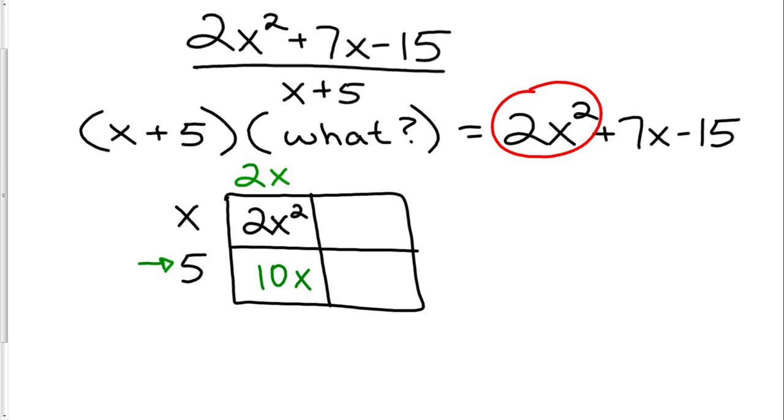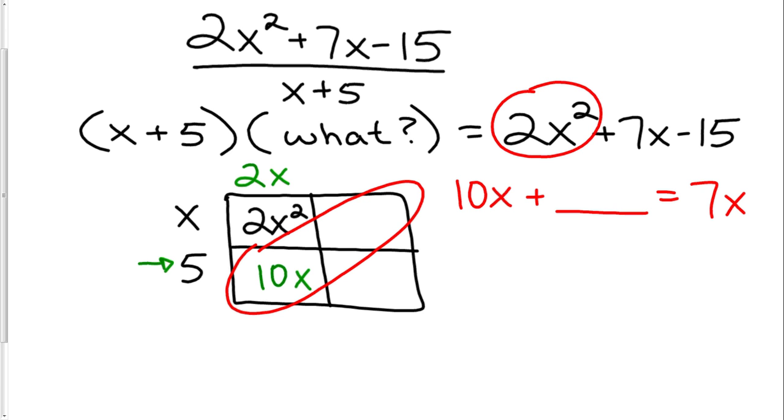Okay, so now we got to pause and look at our diagonal. 10x plus what gives us 7x? So 10 plus something gives us 7, so we need a negative 3x. 10 plus a negative 3x gives us 7x. So negative 3x goes here.